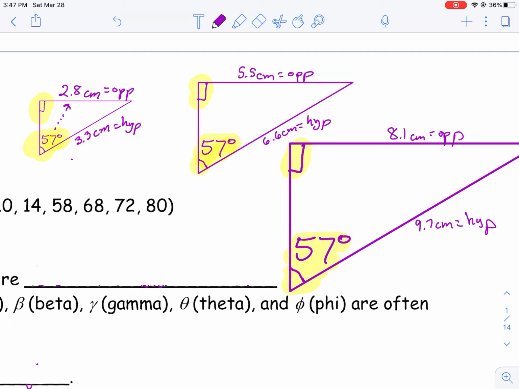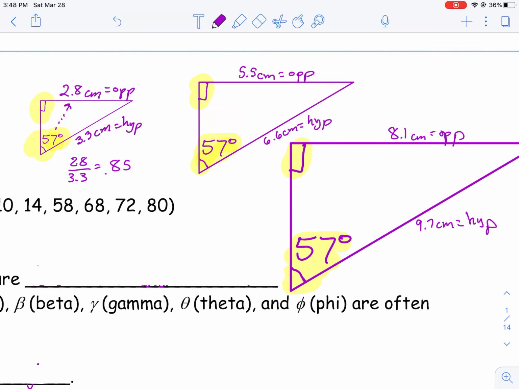If I take that opposite side, 2.8, and divide it by the hypotenuse, 3.3, that's going to give me a decimal equal to 0.85. I should mention, these were actual triangles that I had made and measured out. This is just a picture of those triangles. They are not drawn to scale. But if you were to create these triangles, these numbers would come out.